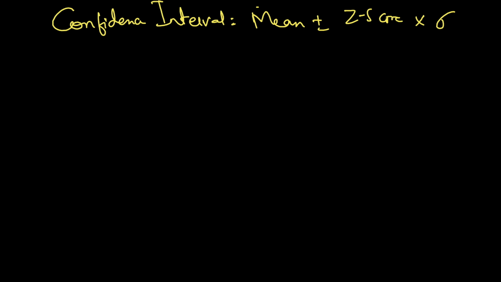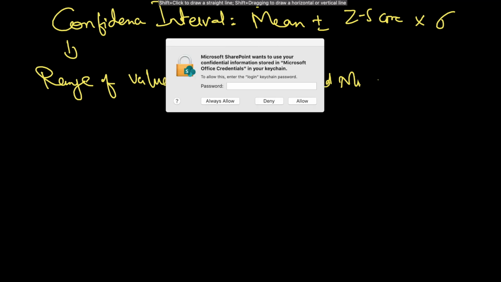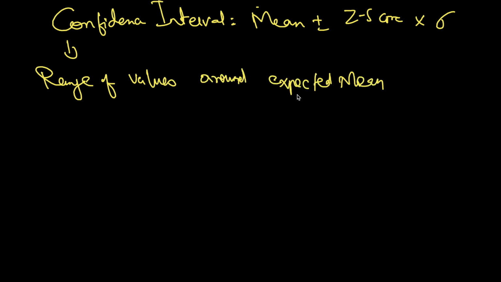The meaning of confidence interval is that we want to find out a range of values around the expected mean, and that is the reason we are using mean in the formula.